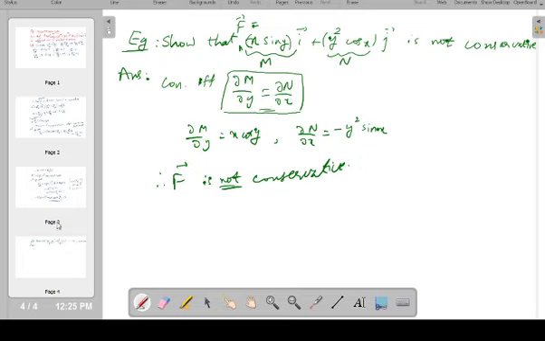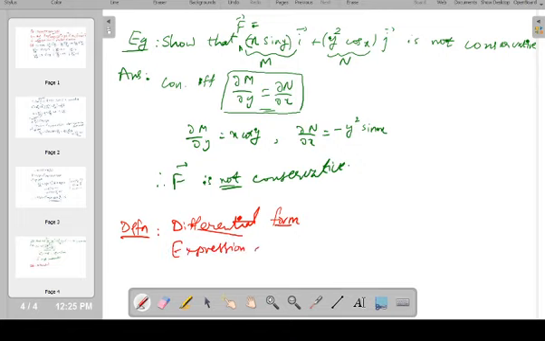Okay, now we will do a definition. Differential form means it's an expression of the form M dx plus N dy plus P dz.